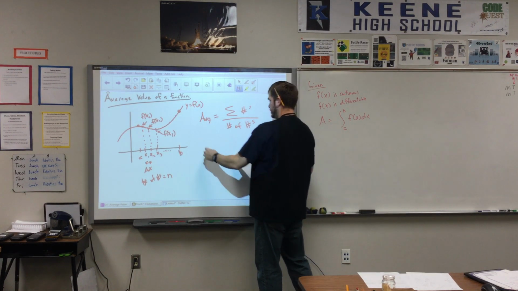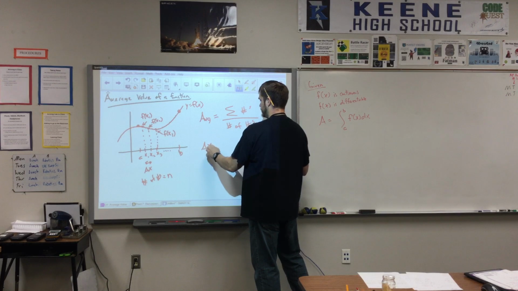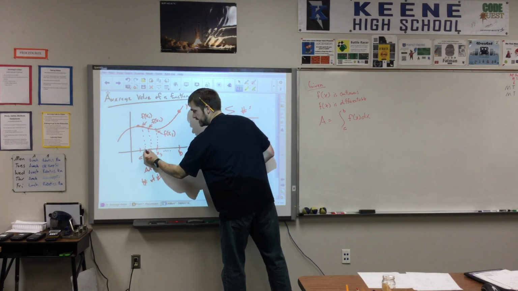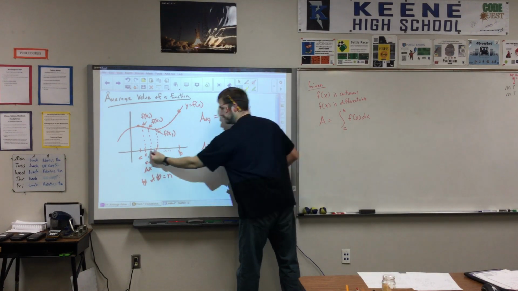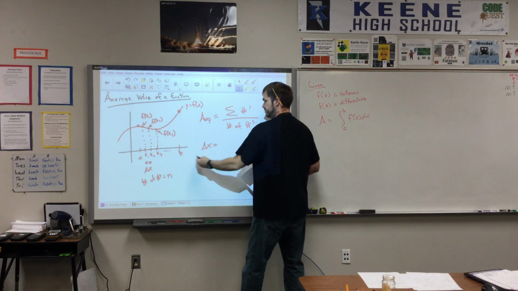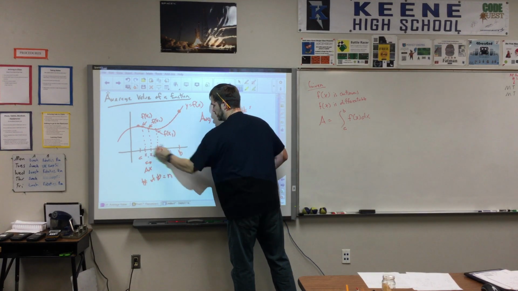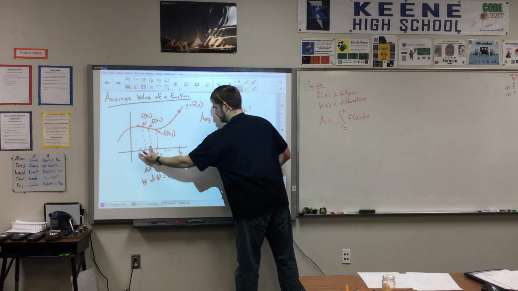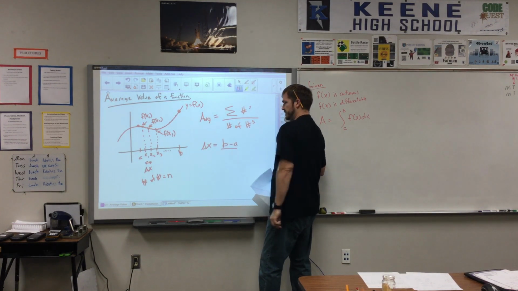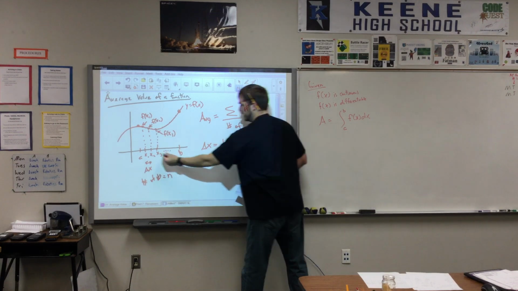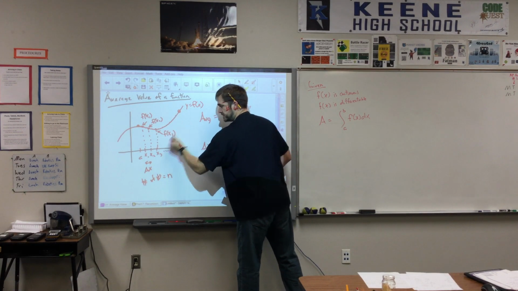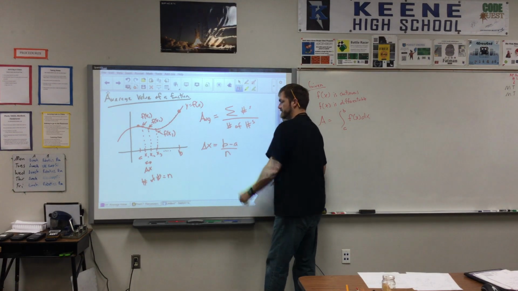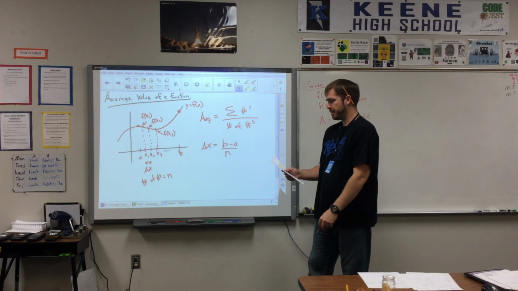So here's a good formula that we've seen before. That width, delta x, this region right here, is equal to the whole distance between B and A, so B minus A, divided by the number of regions that I want to have. So delta x equals B minus A divided by n.